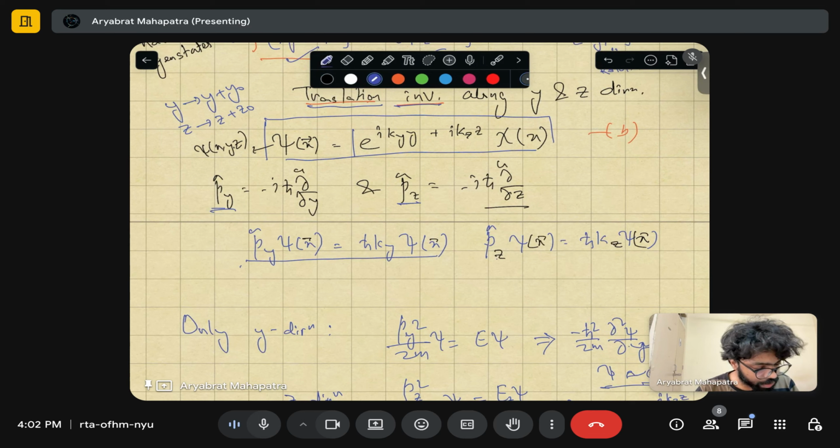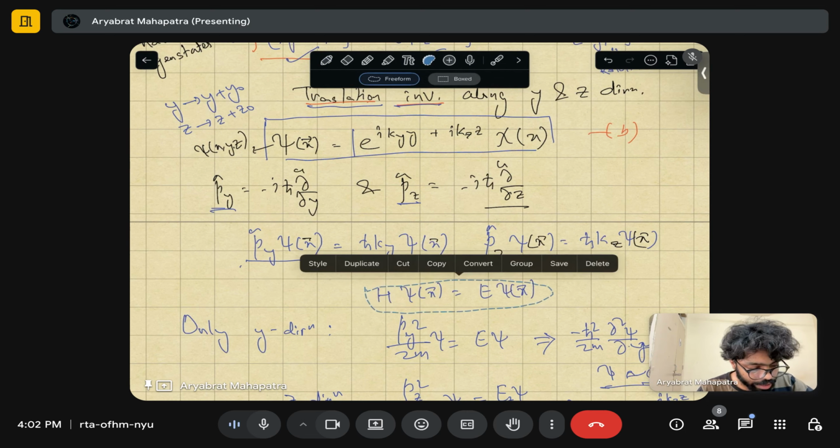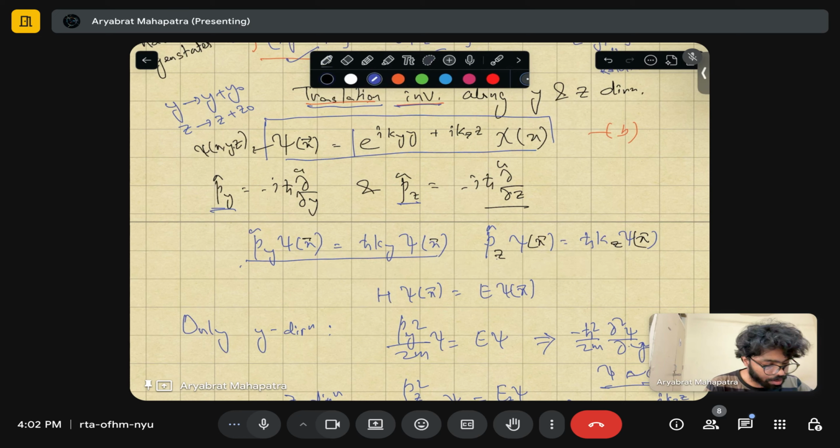It will be this. So similarly, if you operate your h operator on psi x, it will also give you e psi x. Now this is something very familiar to you. If you see these three equations, they all have the same eigenstate psi.